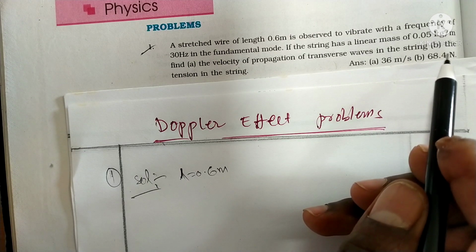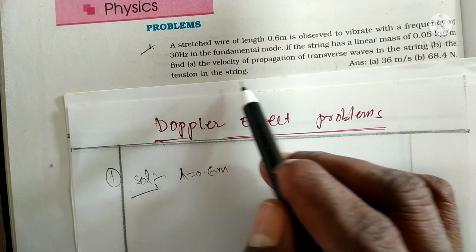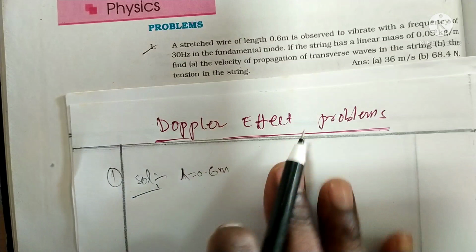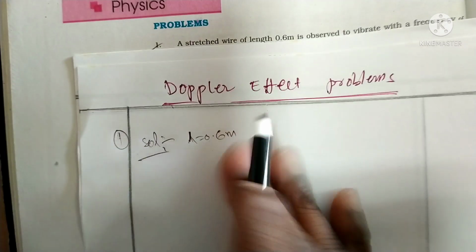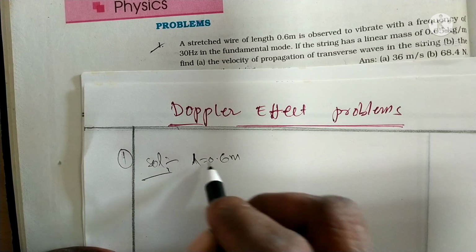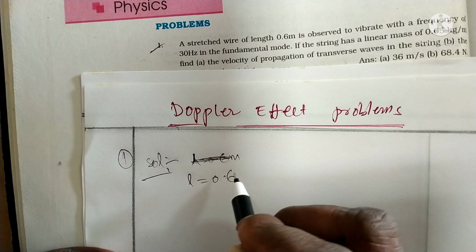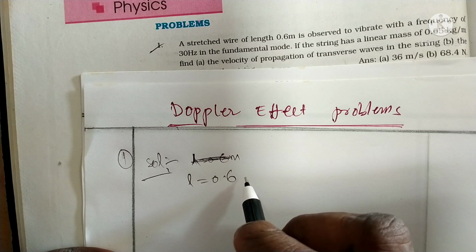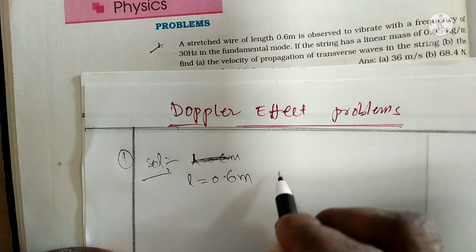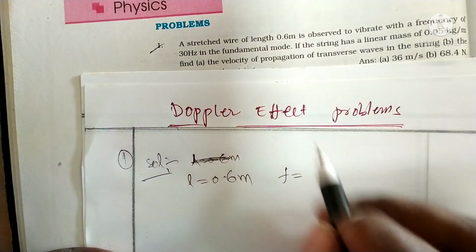Next one is the tension. What is the tension in the string? Okay, let us solve the first problem. Solution: here L is given, L is equal to 0.6 meters, and frequency is given, 30 Hz.